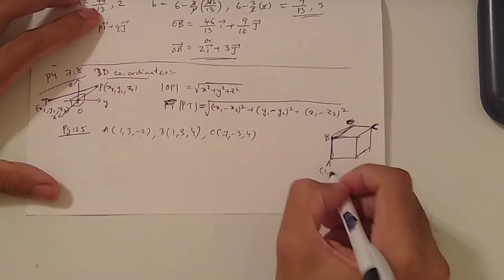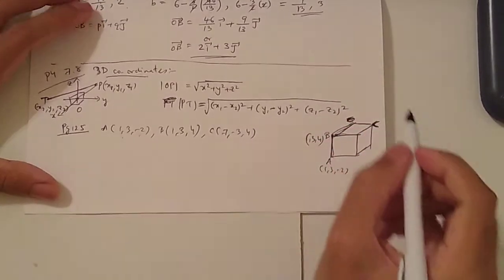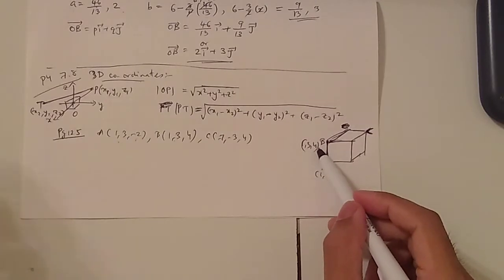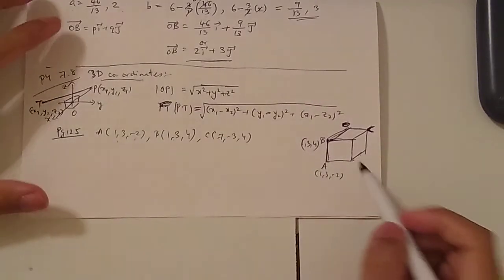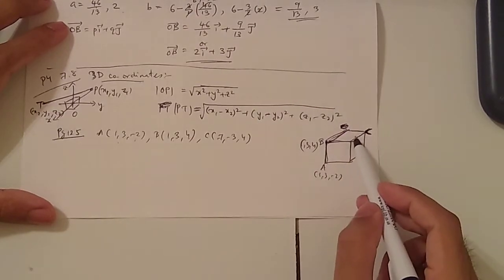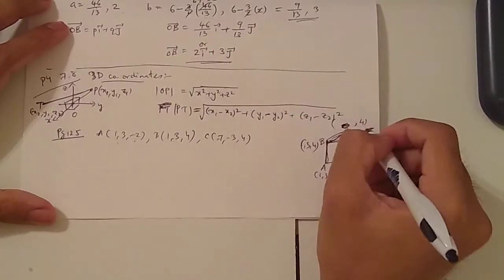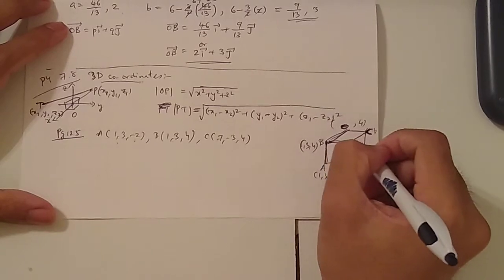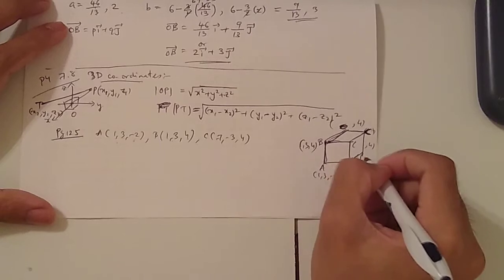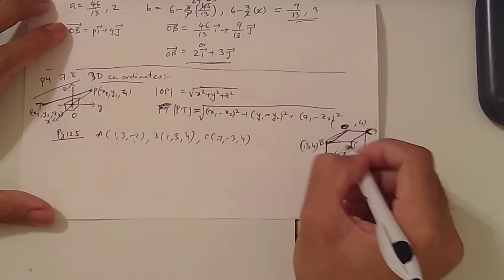This is 1, 3, minus 2, and this is 1, 3, 4. All these points are going to have z coordinate 4, and all these points are going to have z coordinate minus 2. We do have another point over here.